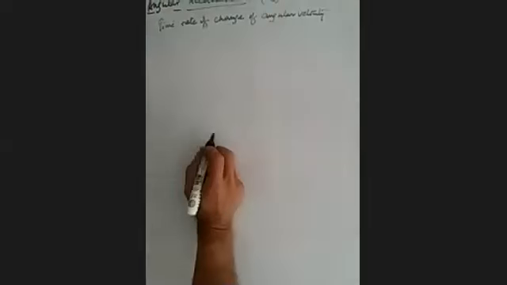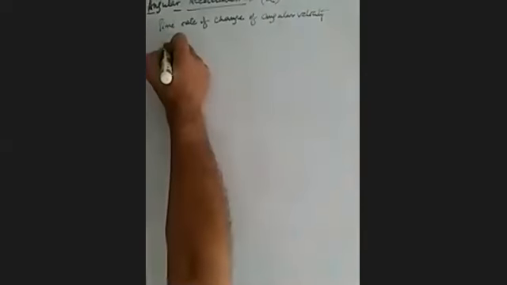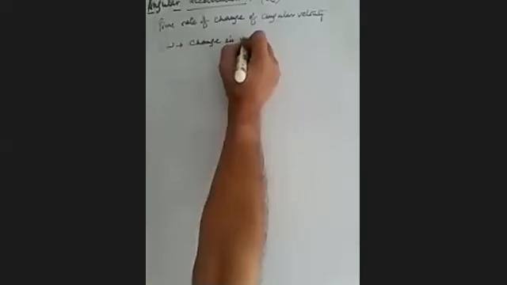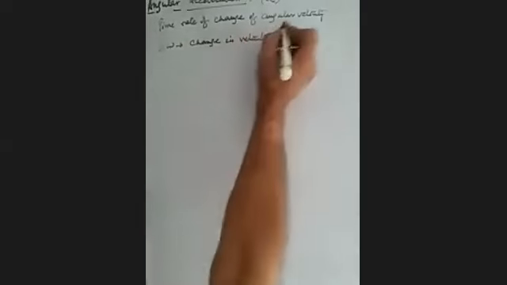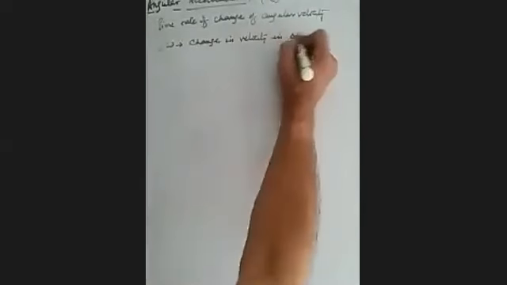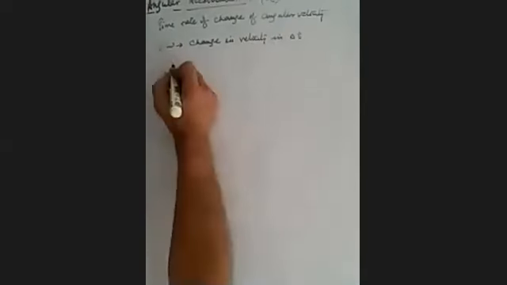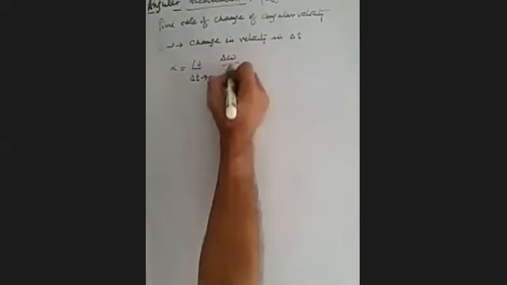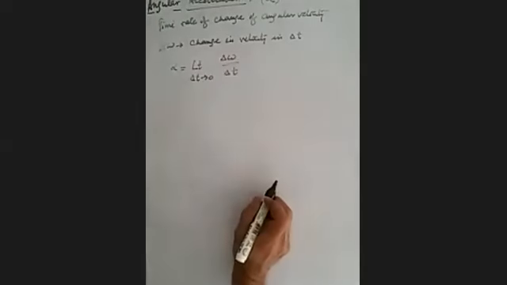So if there is a change in angular velocity in a small time interval, suppose delta omega is the change in angular velocity in time delta t, then alpha is given by the limit as delta t approaches 0 of delta omega upon delta t.